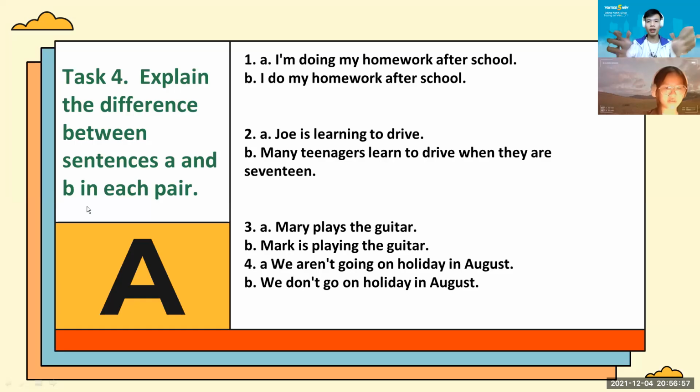All right, now can you see my full screen? Now task 4. Explain the difference between the sentences A and B in each pair. This means in number 1, we have two sentences A and B. So now you explain what is the difference between them, okay? You understand?